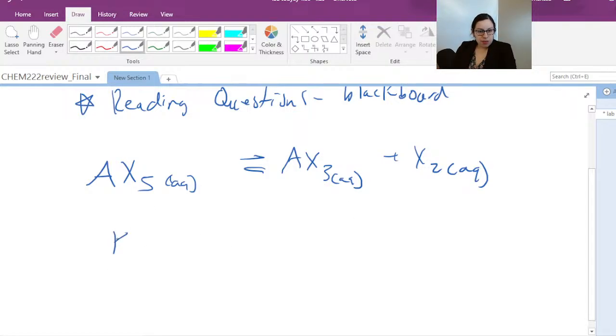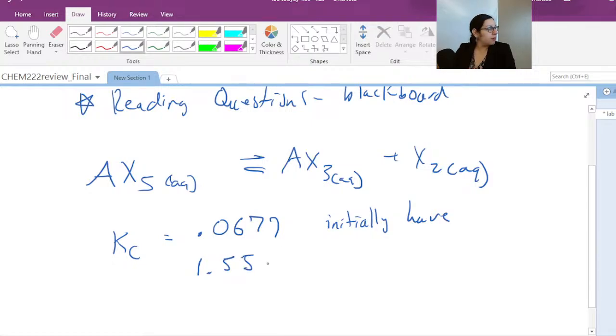And so then we're given our Kc, which is 0.0677. And then we initially have a 1.55 molar solution of our AX5.